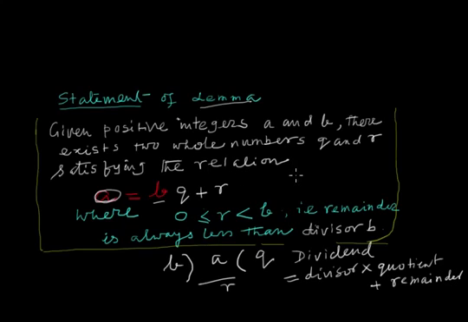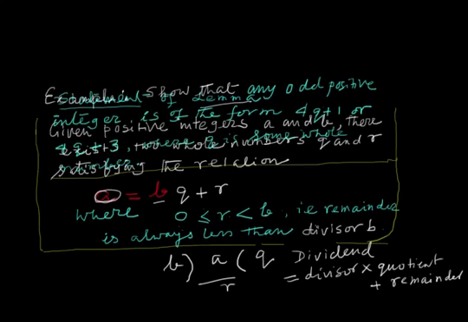So this is the division lemma: a is equal to bq plus r, where r is the remainder and r is greater than or equal to 0 but less than the divisor b. Now let us discuss an example.